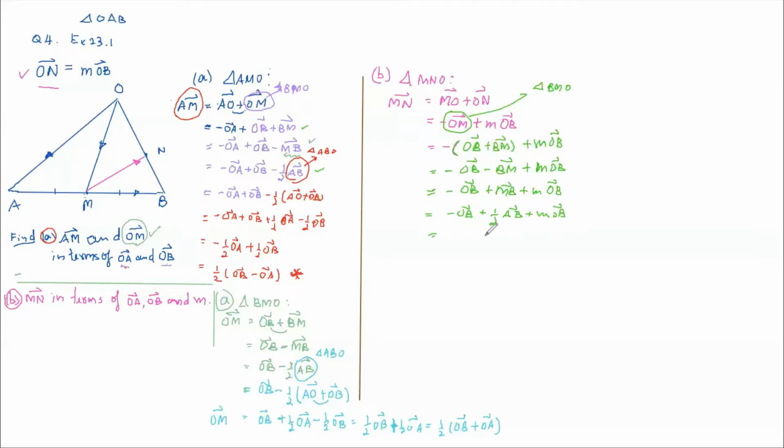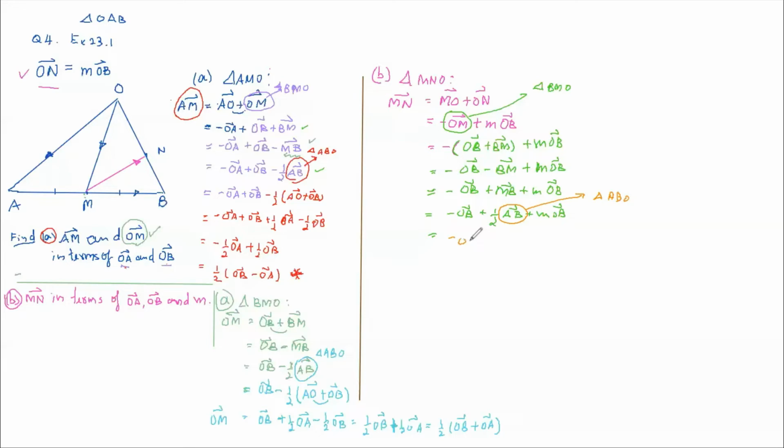For vector AB here, we can use the largest triangle, ABO.